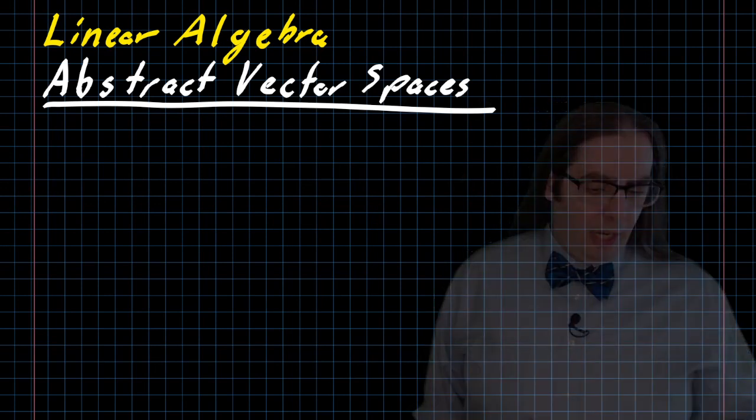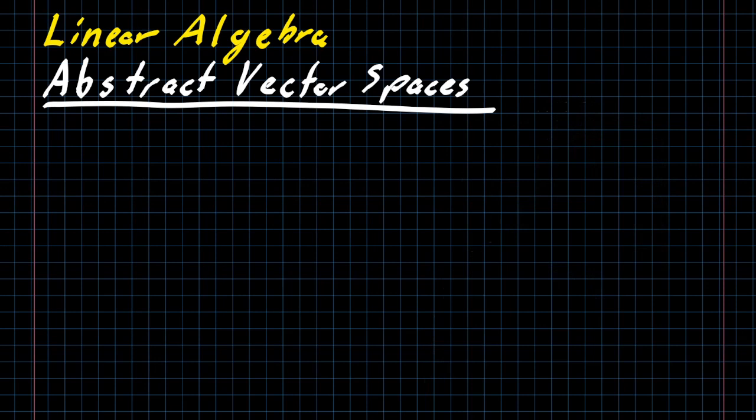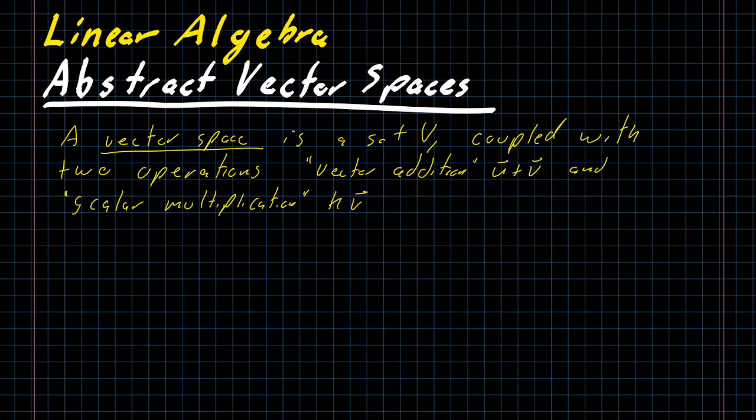Let me get my head out of the way, and let's start with the formal definition, most of which should be familiar to you. A vector space is a set coupled with two operations.